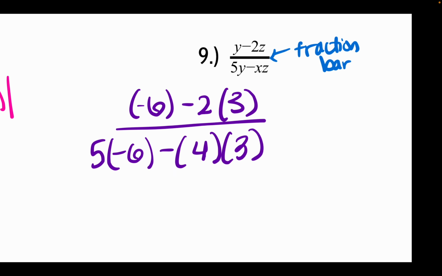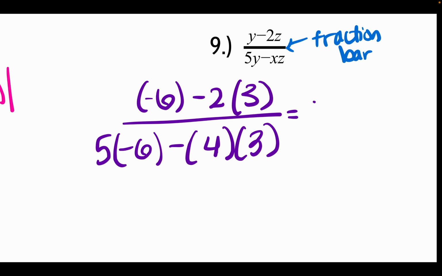So on the top, we have negative 6 minus, and then I'm going to do this one first. So that becomes 6. On the bottom, we have 5 times negative 6, which is negative 30. And then negative 4 times 3, which is negative 12. Okay, now we have negative 6 minus 6, which is negative 12. On the bottom, we have negative 30 minus 12, which is negative 42.